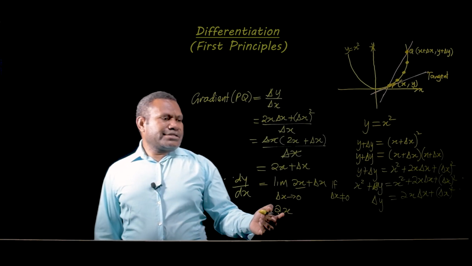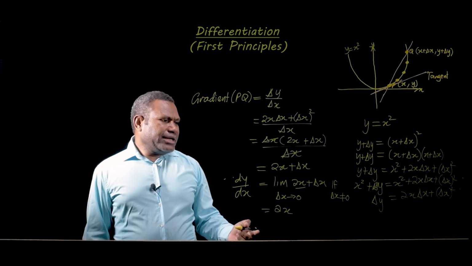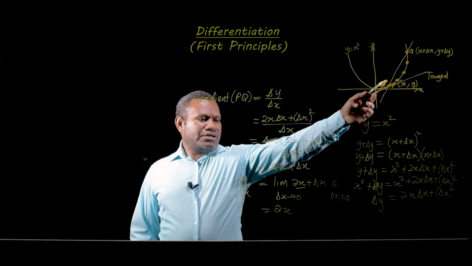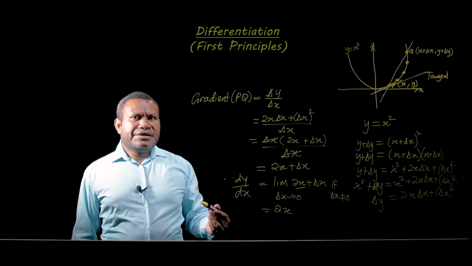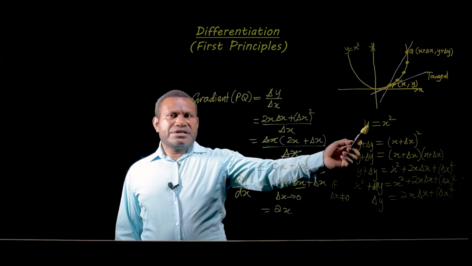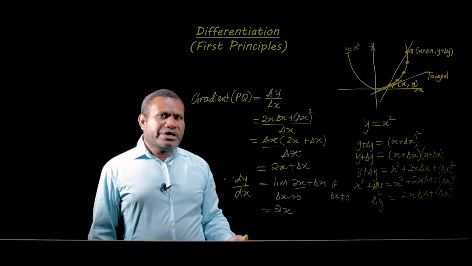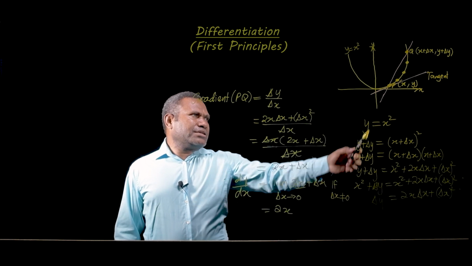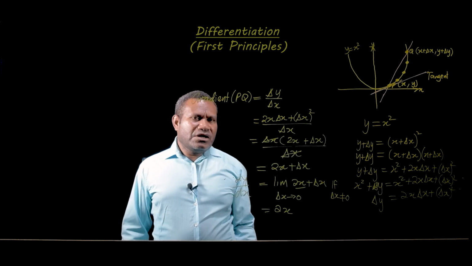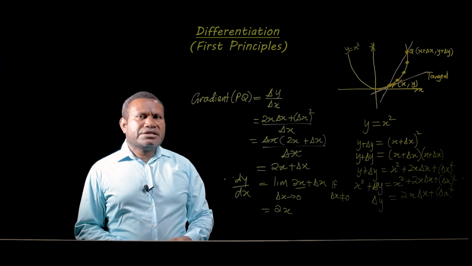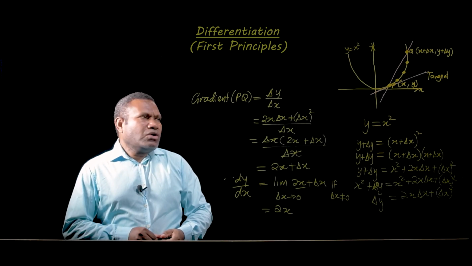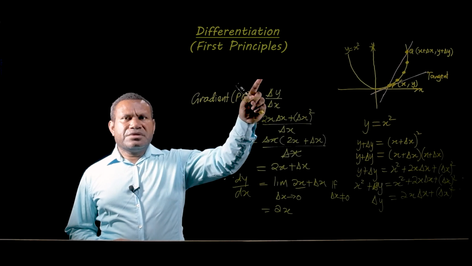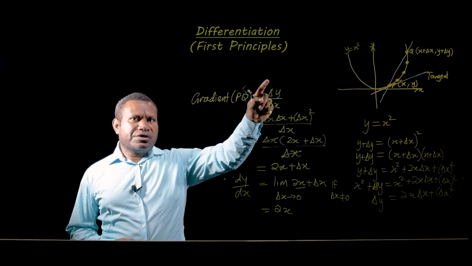This 2x is the gradient of this curve at this point, or we can say it is the derivative of this function. We can also say that this function represents the gradient of this tangent. So basically what we have learned in this lesson is how to find a derived function using the process of differentiation, specifically the first principles method.